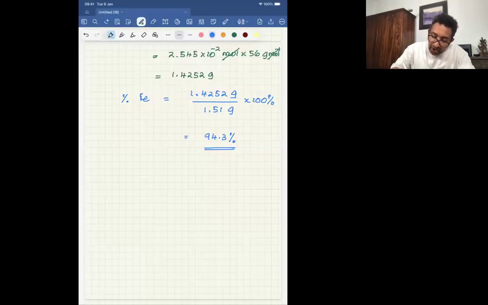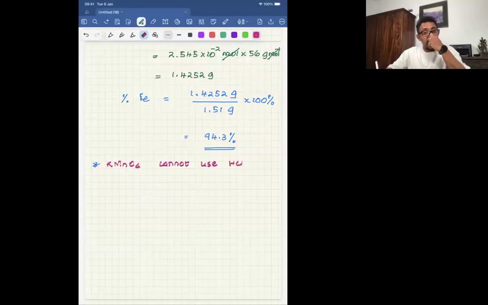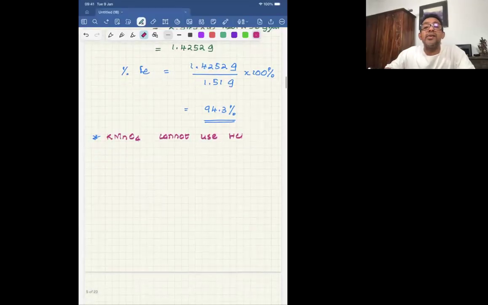I told you, when you have potassium permanganate, KMnO4 titrations, you cannot use HCl. Why is that? Because the chloride can react with potassium permanganate. Can you write the reaction?